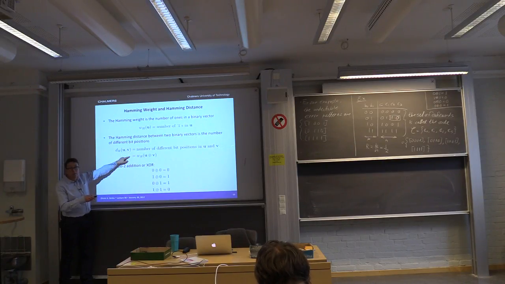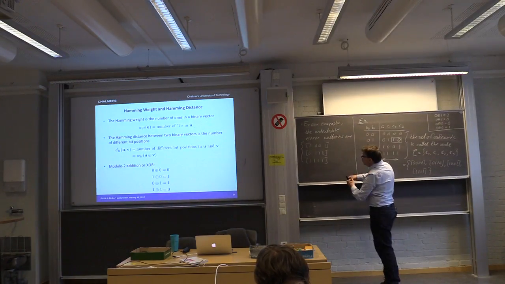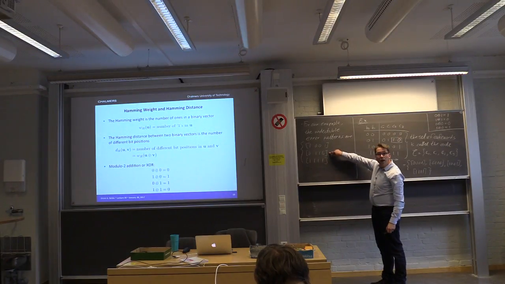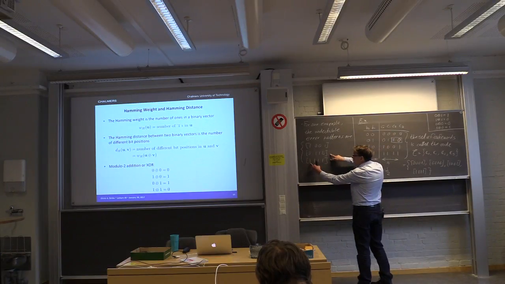So the Hamming distance between this and this pattern happens to be, what's the Hamming distance between these two? Four, exactly. They differ in all positions, so 4. Hamming distance between these two? 2, exactly. They differ here and here.